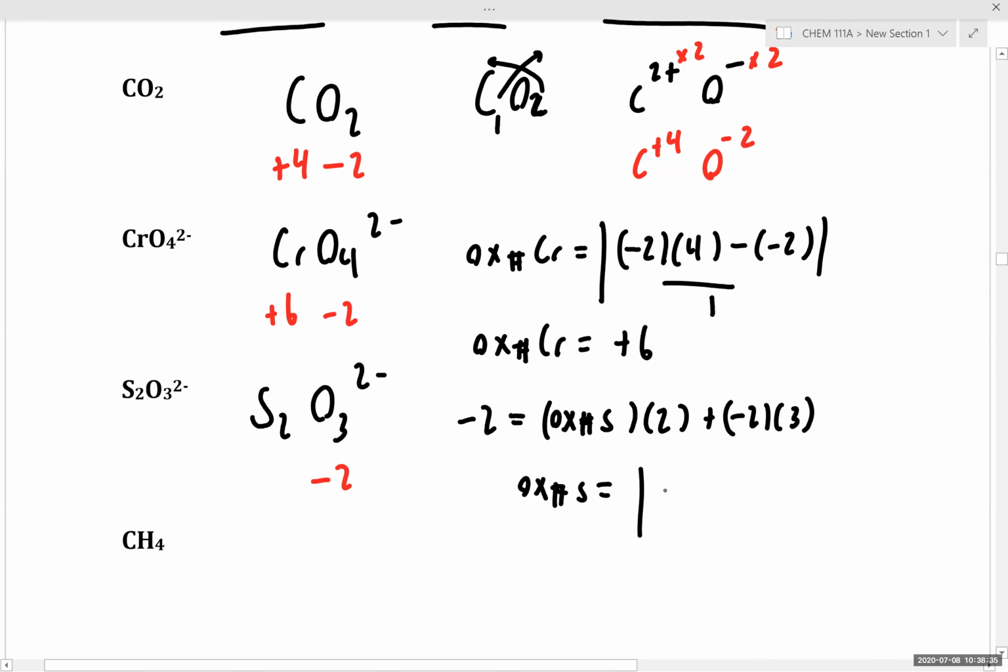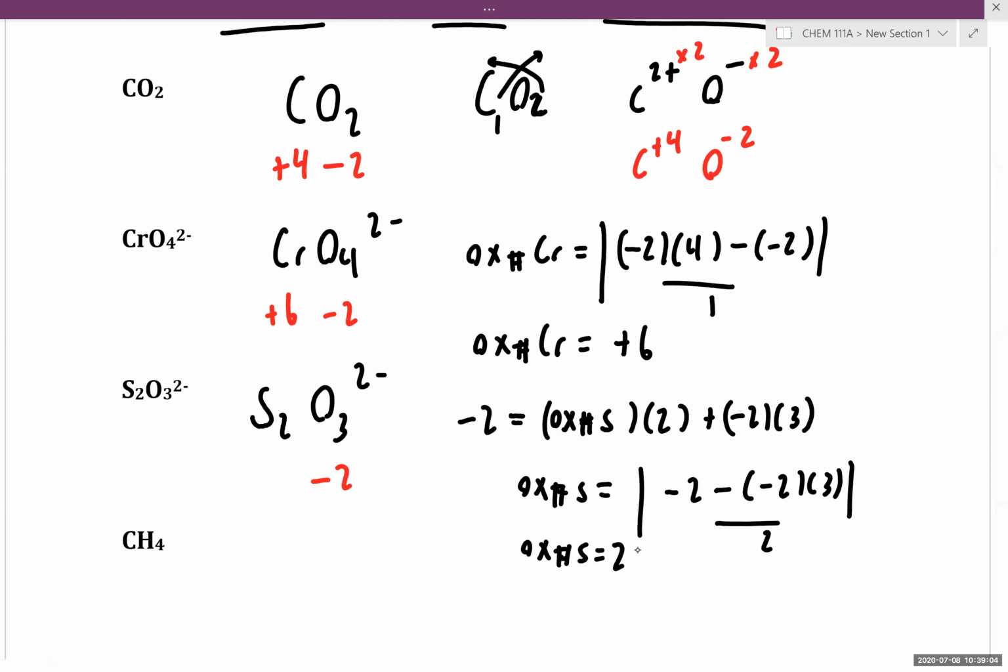So solving for the oxidation number of sulfur, we have the total charge minus -2 times 3, over 2. That in turn gives us an oxidation number for sulfur of 2.